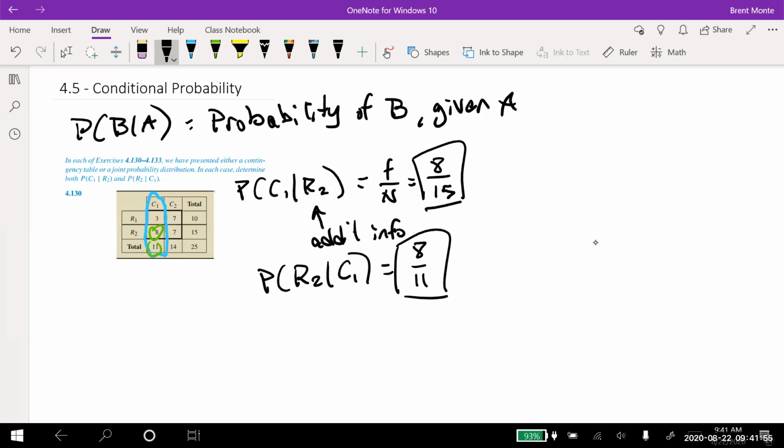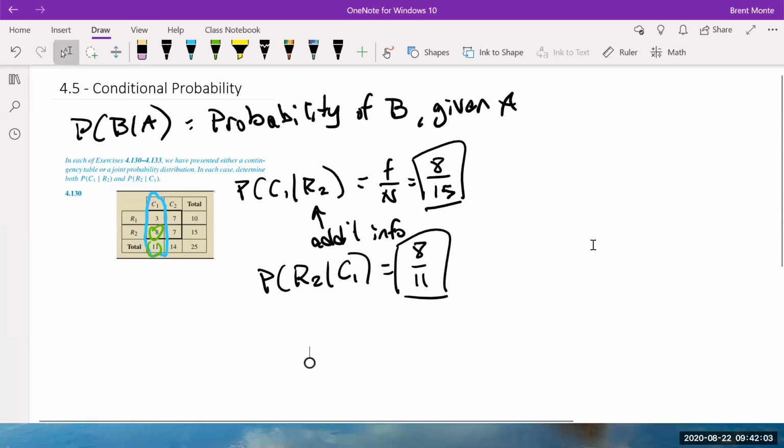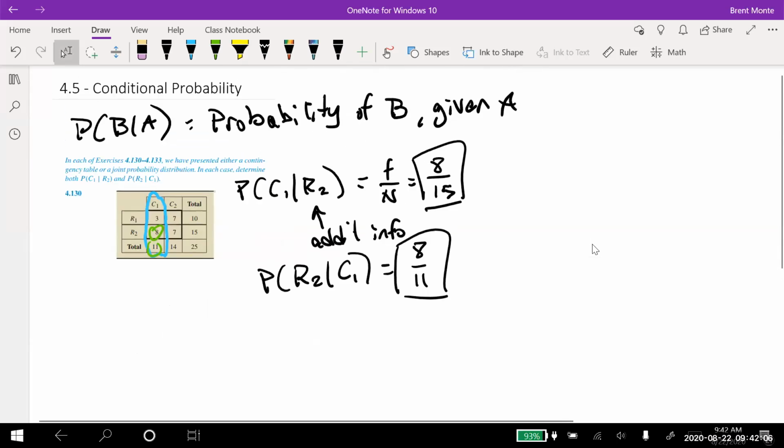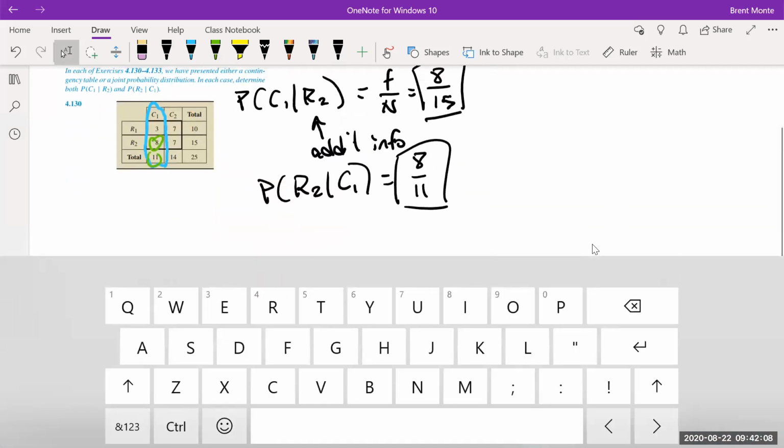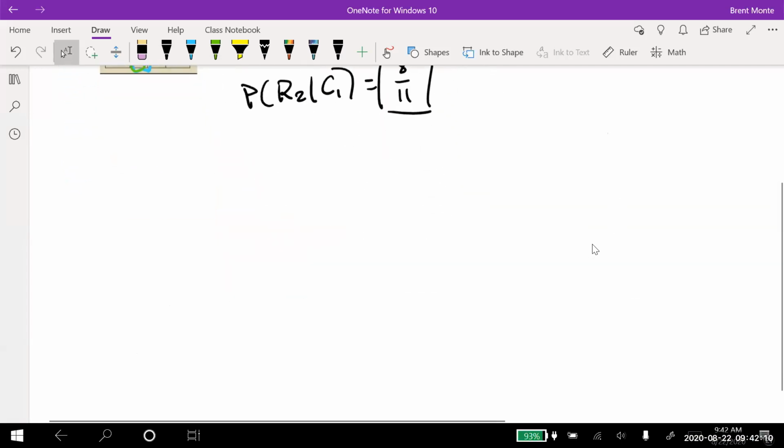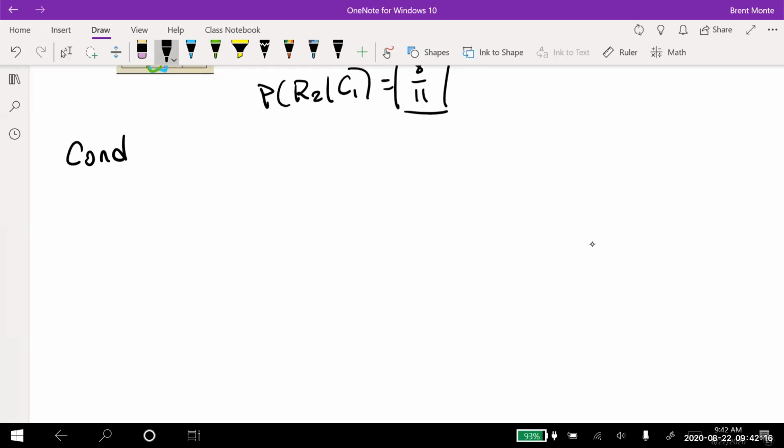Let me give you a formula that they gave us in here. It's called the conditional probability rule. And it looks like this. So the conditional probability rule.